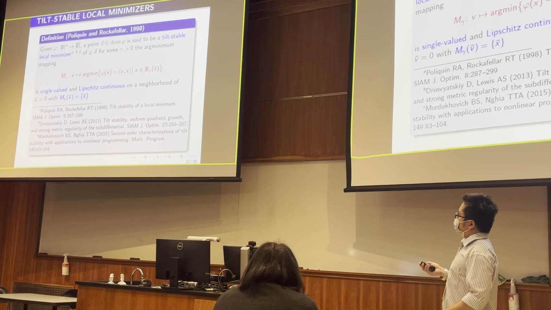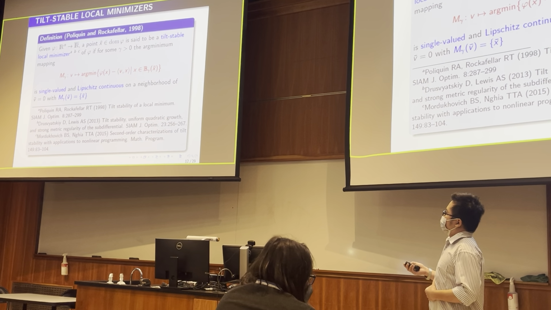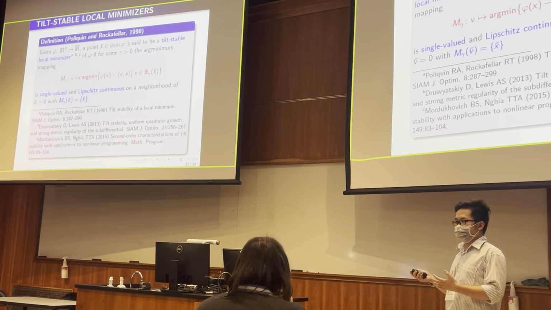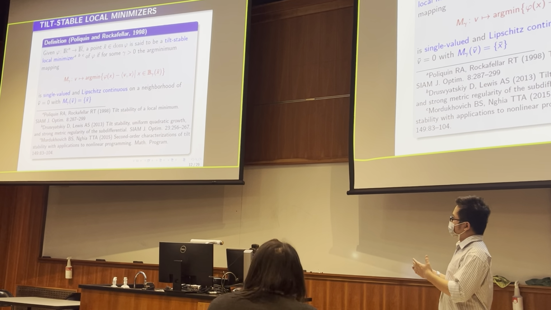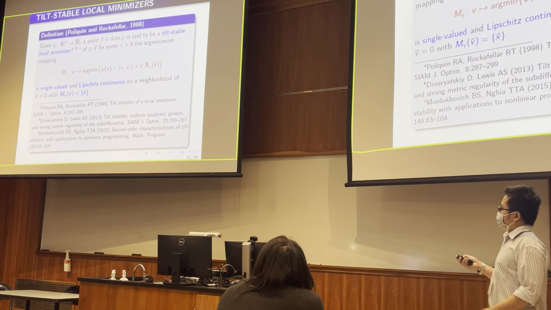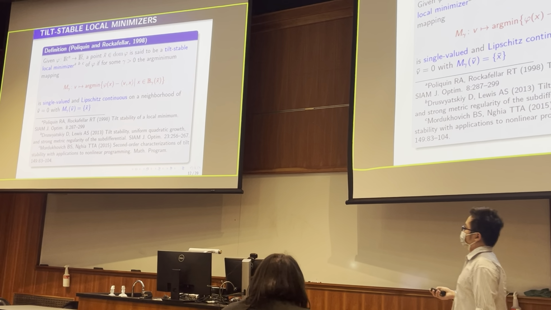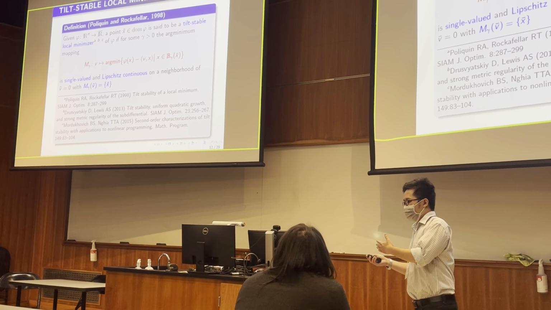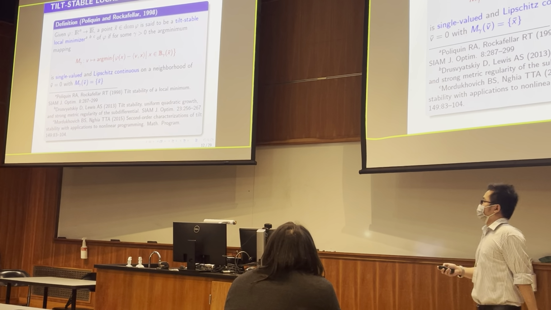And in 2015, Mordukhovich and Nghia established the second-order characterization of this stable minimizer and its application to nonlinear programming. There are lots of papers about using second-order differentials to characterize this stable minimizer, not only for unconstrained optimization but also for constrained optimization.